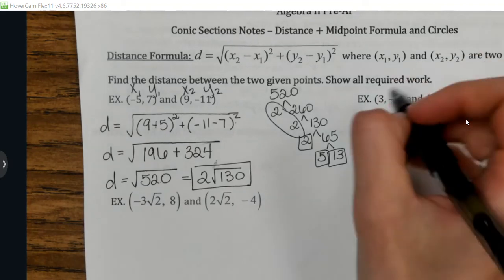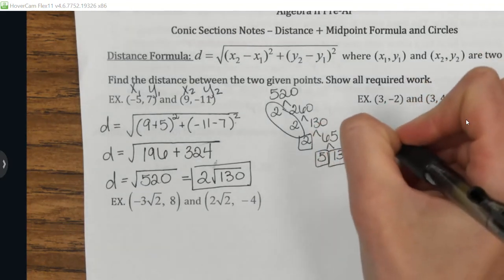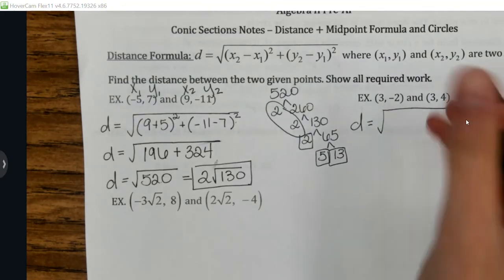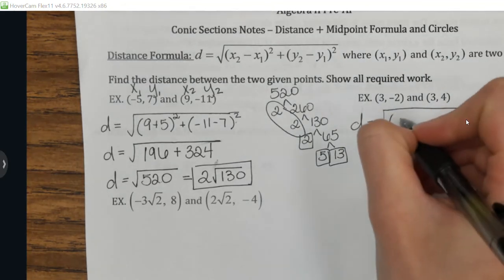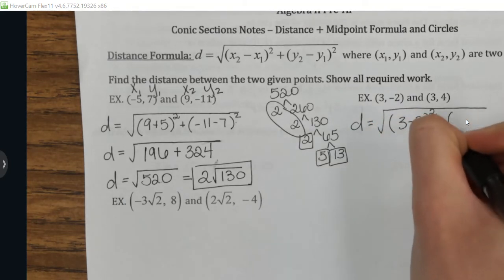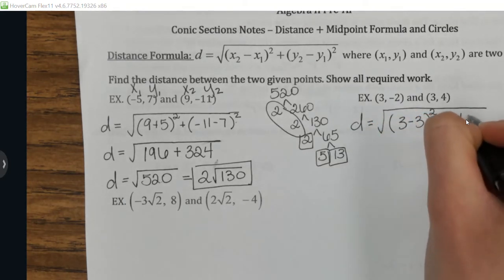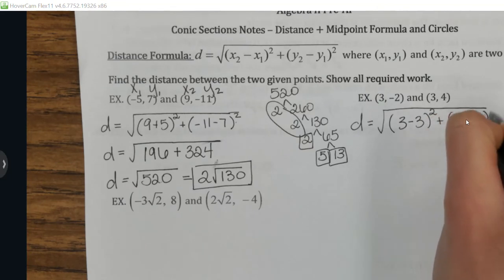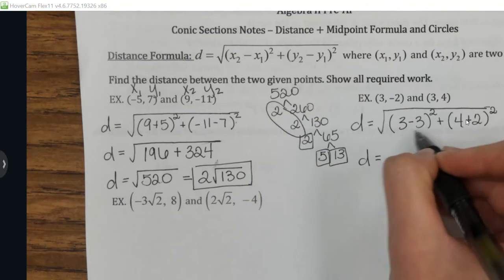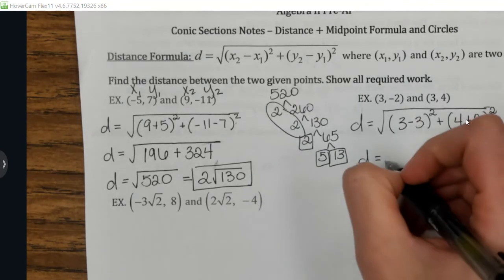Next example, you're finding the distance between (3, negative 2) and (3, 4). When I go and take the difference between my x's, I have 3 minus 3 squared plus 4 minus negative 2, turns into a plus 2 squared. Well, 3 minus 3 is 0. 0 squared is just 0.